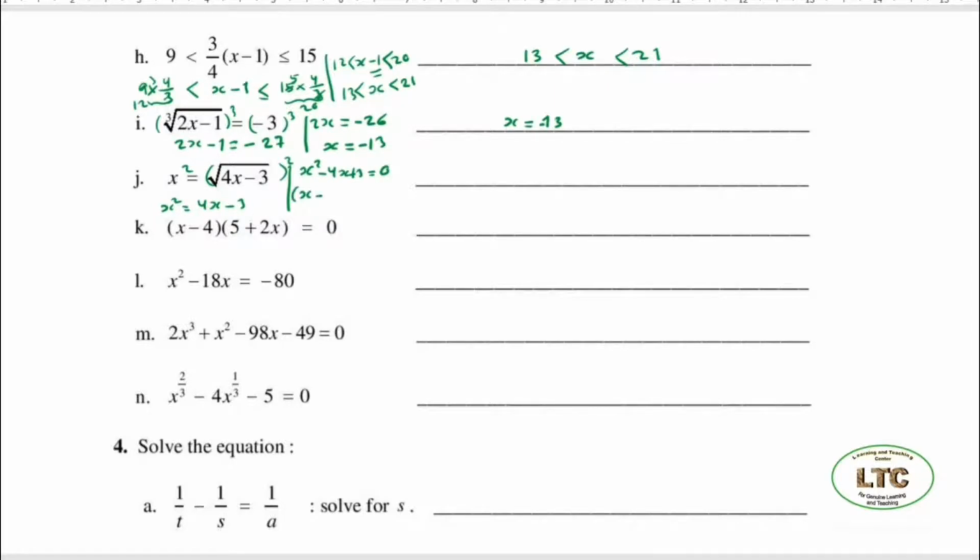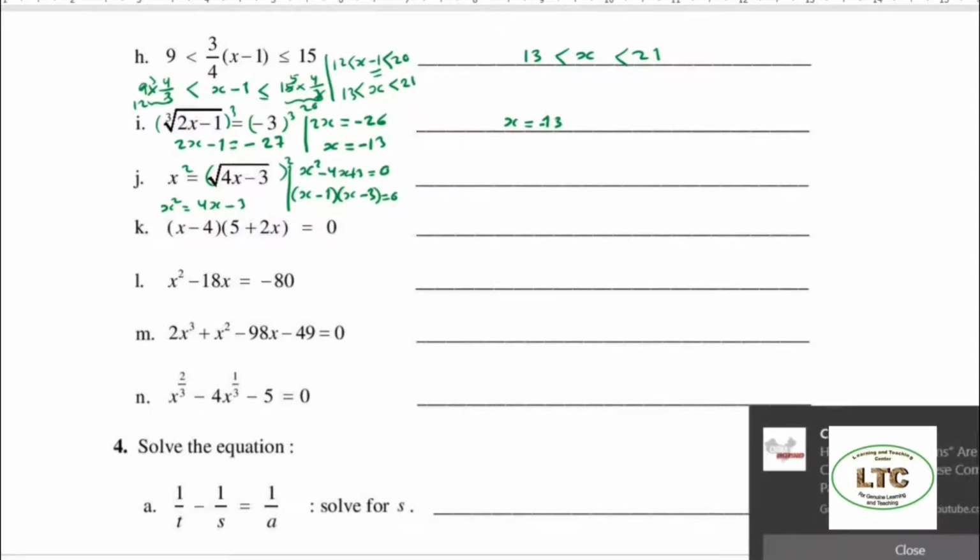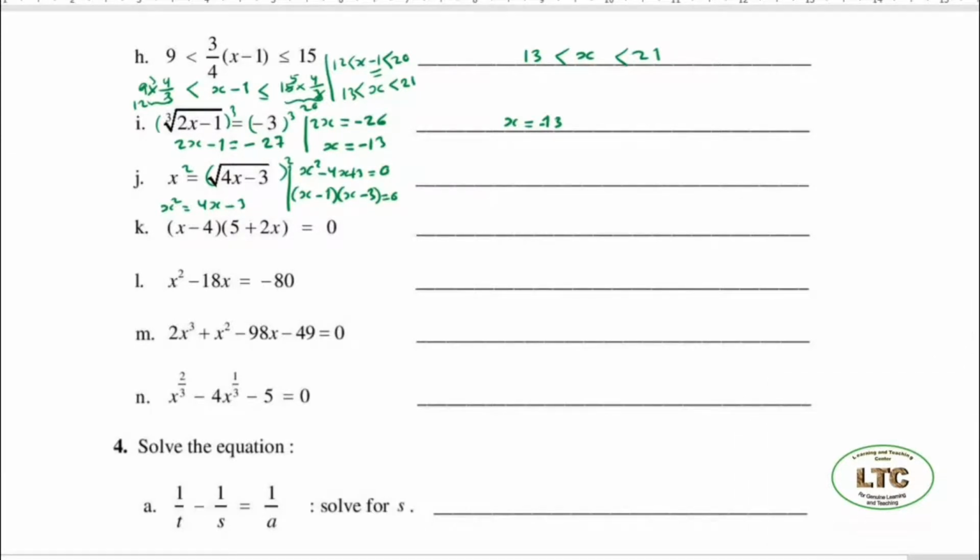This is not very difficult. You factorize 3 into 3 times 1, 1 times 3, negative, negative, then you get positive 3, and here negative 1, negative 3 is negative 4. So by zero factor property, x minus 1 is 0 or x minus 3 is 0. So x is equal to 1 or x is equal to 3.